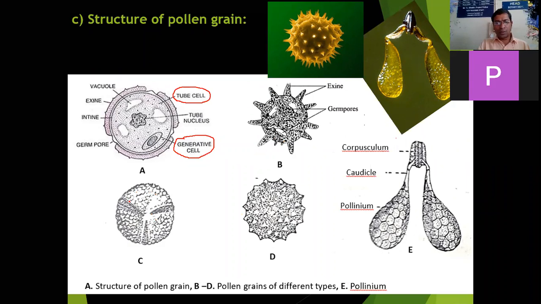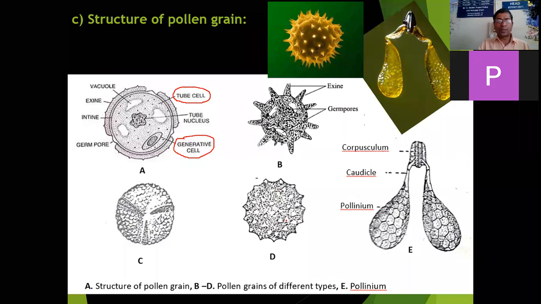So you can see here also, in this type of pollen grain, three germ pores are present, but the ornamentation of this pollen grain is different. Exine is somewhat reticulated in nature. Then in this pollen grain, you are not observing any germ pore, so that germ pore may be present on the other side. It may possess only a single germ pore.